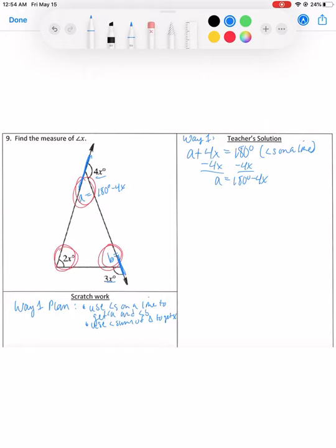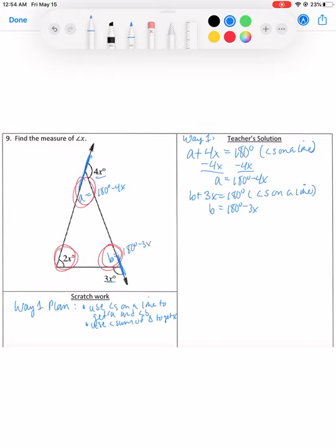Okay, now I need to get angle B. B plus 3x is equal to 180 from angles on a line as well. So solving for B, I get 180 degrees minus 3x.